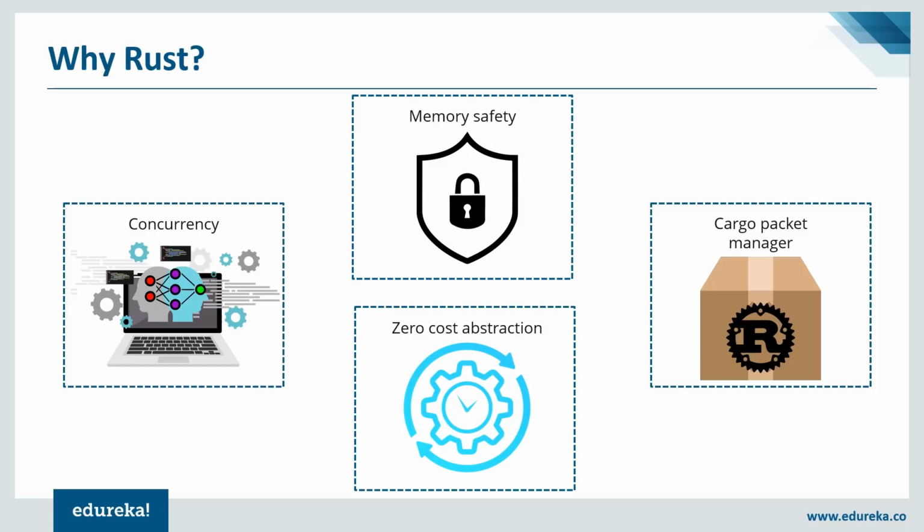So if your code is incorrect, Rust will refuse to compile it and it will present an error explaining the problem. Then you can fix your code while you're working on it rather than after it has been shipped to production. Okay. Now the next reason why Rust is so famous is because of its memory safety. The biggest and most vital difference between Rust and C++ is the emphasis on writing safe code.